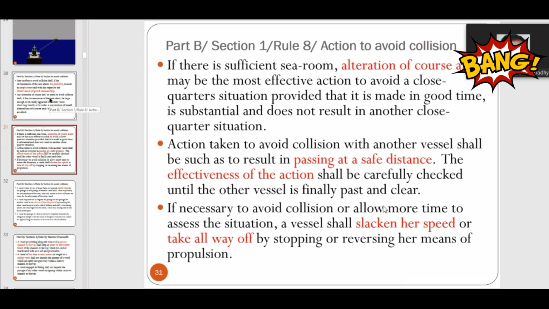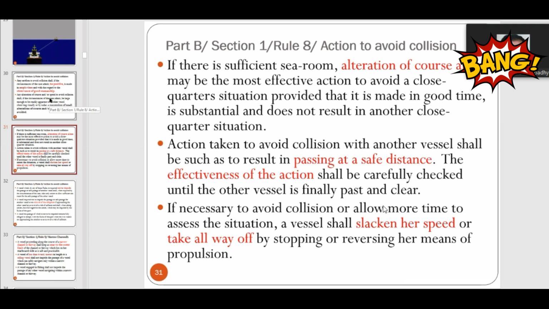But this reducing speed is meant to allow more time to assess the situation. Suppose you have no time to assess the situation. If you reduce speed for the purpose of assessing the situation, it means you are unable to determine the risk of collision and the action to be taken. That is why you need more time to assess the situation.